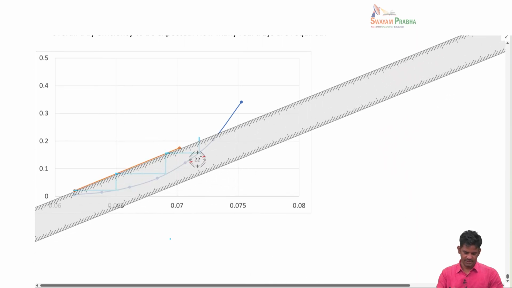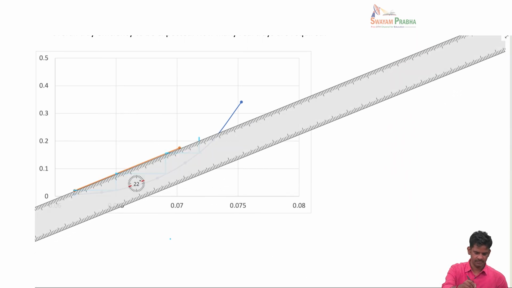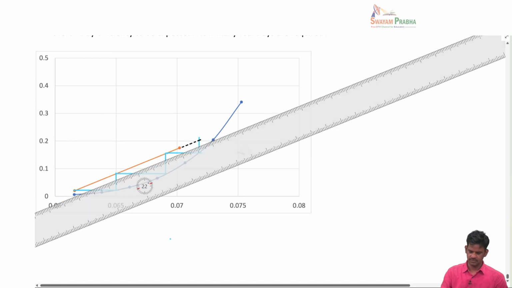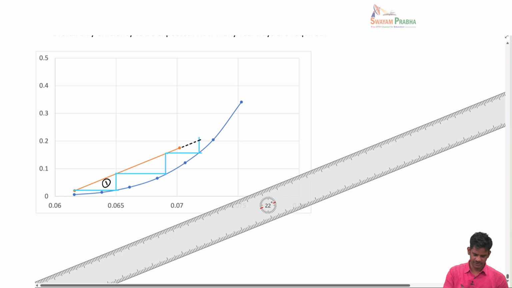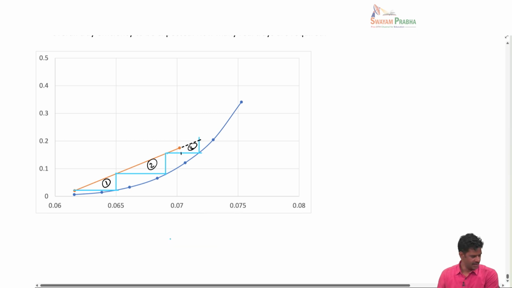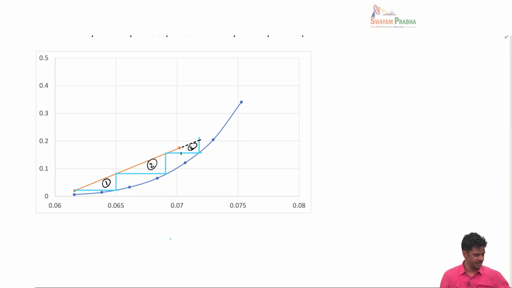Suppose you extend your operating line, so this would be your first tray, second tray, and this is a tray. So it's somewhere in half, so you can say 2.5 would be the number of equilibrium stages.